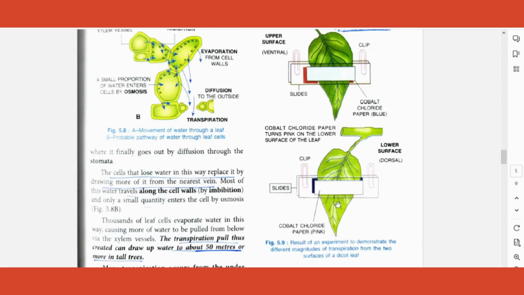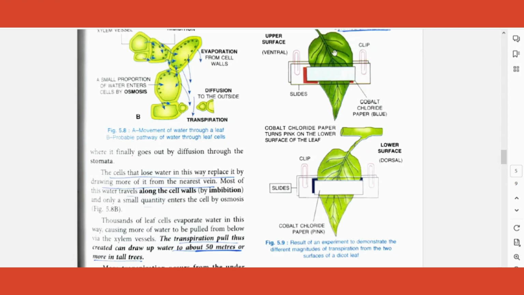Why is it different? Definitely you know the reason. On the lower surface of the leaf, more stomata are present, more stomatal openings are present. Therefore, there is more transpiration from the lower side. On the upper surface, very little stomata are present, therefore less transpiration occurs.